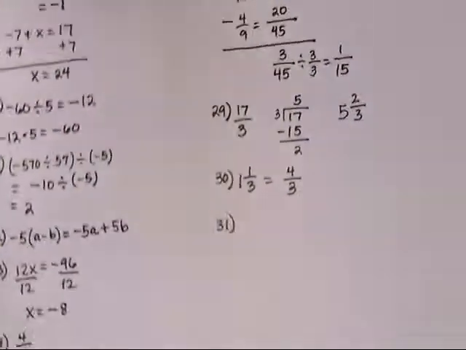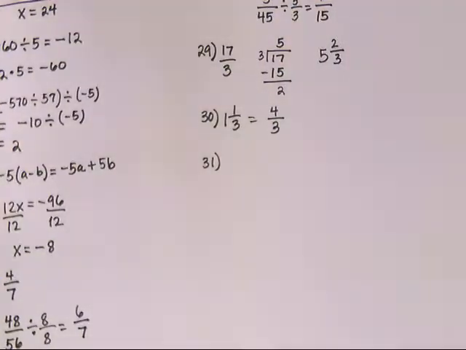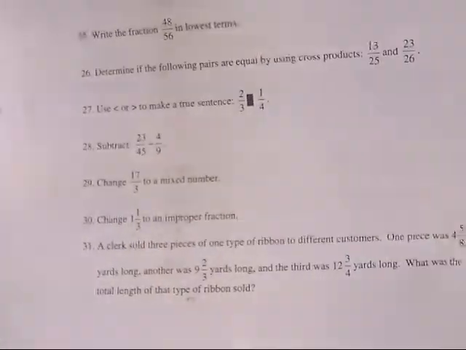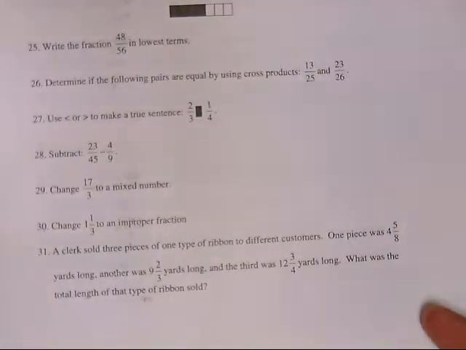Alright, number 31 is one of those word problems. A clerk sold 3 pieces of one type of ribbon to different customers. One piece was 4 5/8 yards long, another was 9 2/3 yards long, and the third was 12 3/4 yards long.